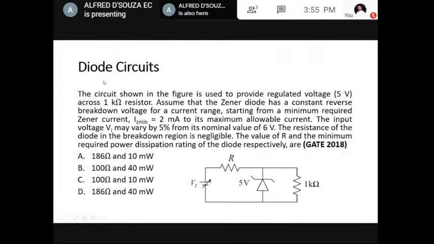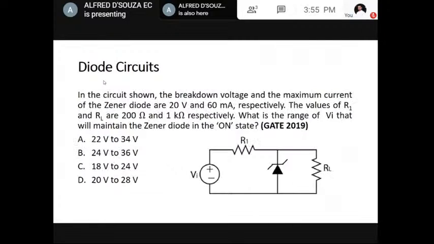Okay, we'll take one last question on diode circuits. This is a multiple choice question. What they are telling us is that the Zener breakdown voltage VZ is 20 volt and the maximum current the Zener can handle is 60 milliampere.